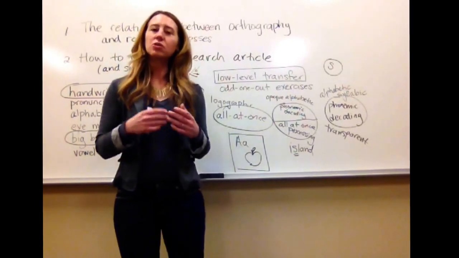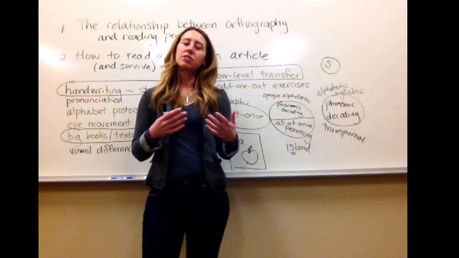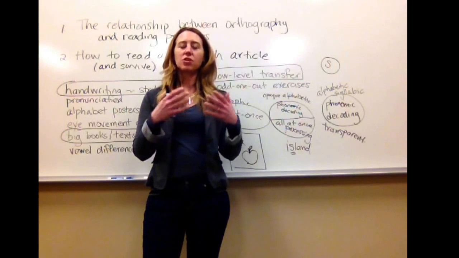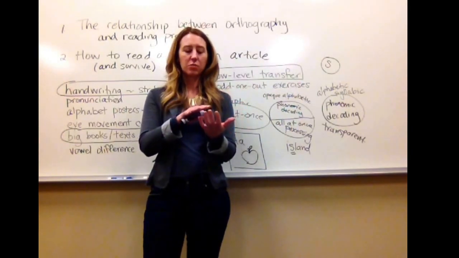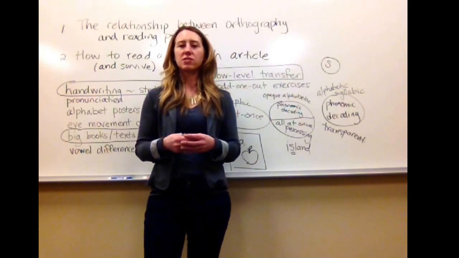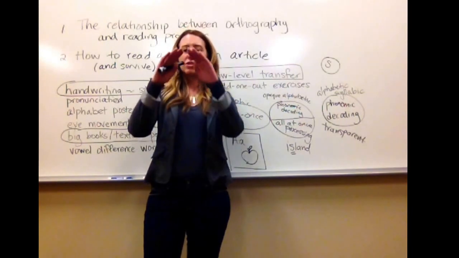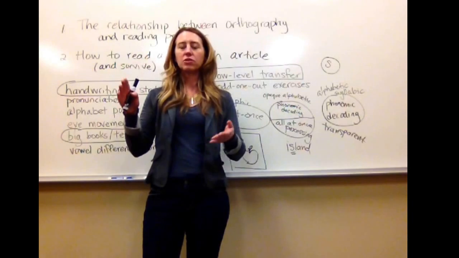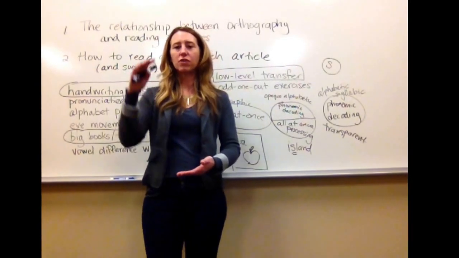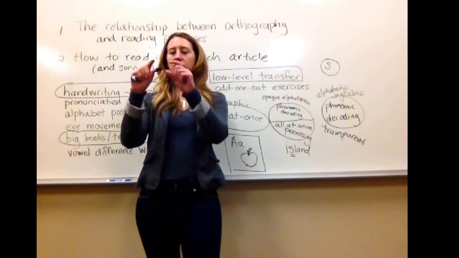Well, I can tell you what I did when I was working with a native Russian speaker. The child had learned a little bit to read and write in Russian, and so had mastered the Cyrillic alphabet, which was great, except I was having trouble getting him to really make sense of how English worked. So what I did was I made a large, 8.5 by 14, something like that, sheet for him of the alphabet in English, uppercase and lowercase letters.